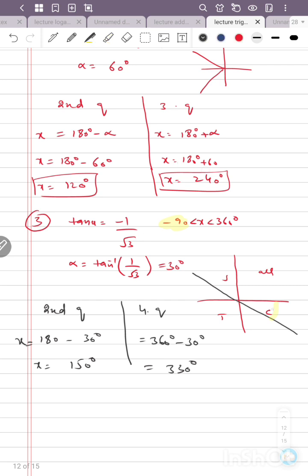If we go in reverse, x is minus 30, because it starts from zero, its starting point is zero, and it moves against our quadrant system, so the answer is minus 30. We got the answers minus 30, 150 and 330. These are our answers.